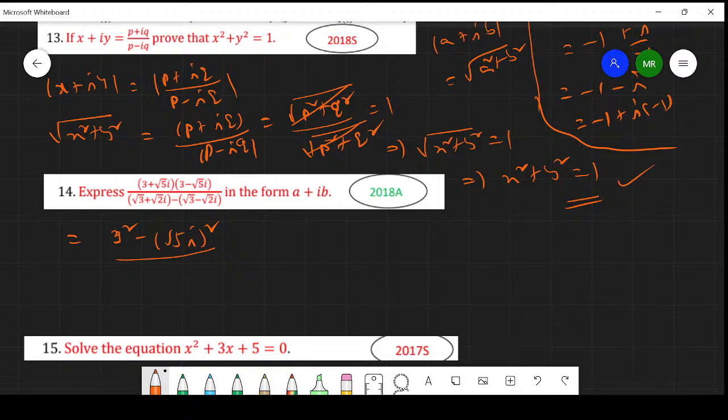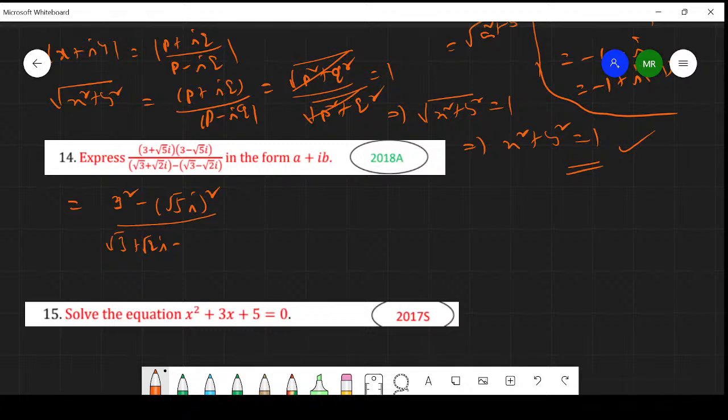In the denominator, if you expand, root 3 plus root 2 i minus root 3 plus root 2 i, I can eliminate the root 3 terms.